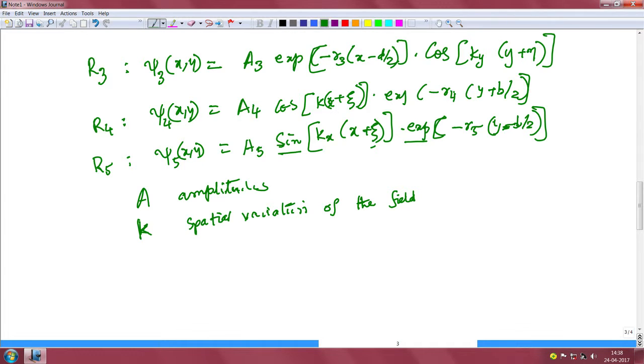You can see they are spatial frequencies, and gamma can be called as a decay constant. But once again look more carefully at these constants K, which are used for different regions.